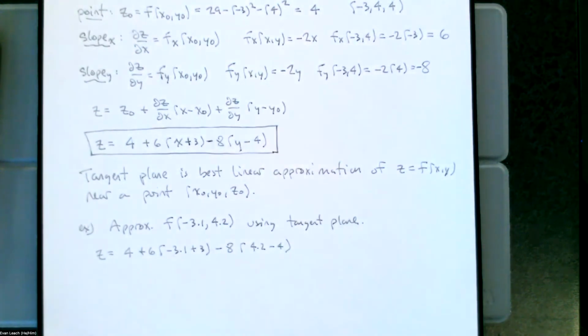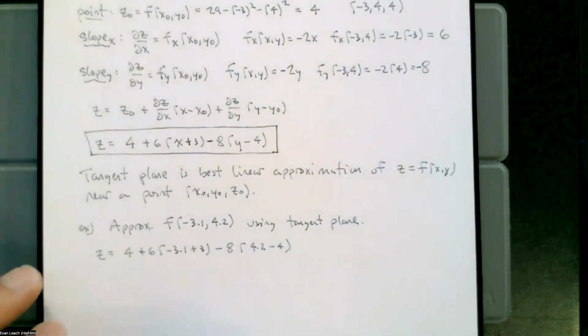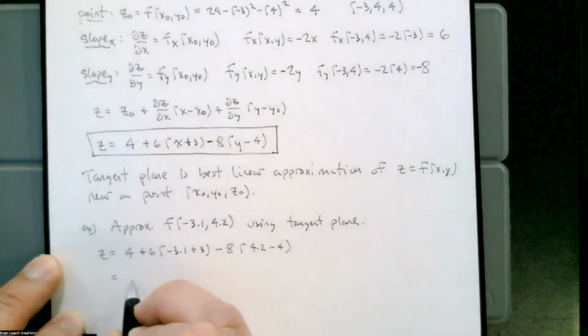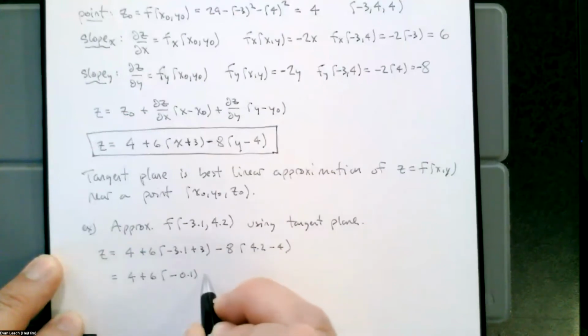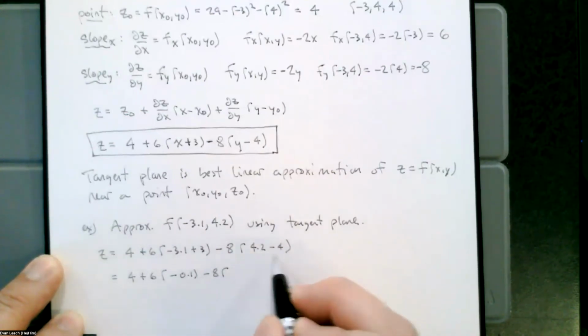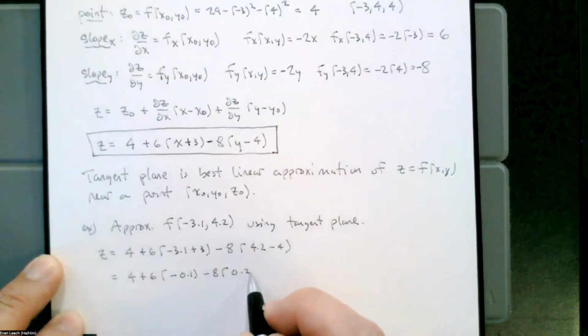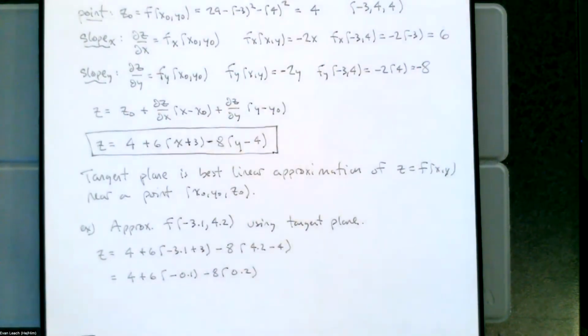One of the reasons I don't want to write this all out is so that we can see that negative 3.1 plus 3 shows up as negative 0.1. That's our delta x. And this negative 8 gets multiplied by 4.2 minus 4, or plus 0.2. That's our delta y.